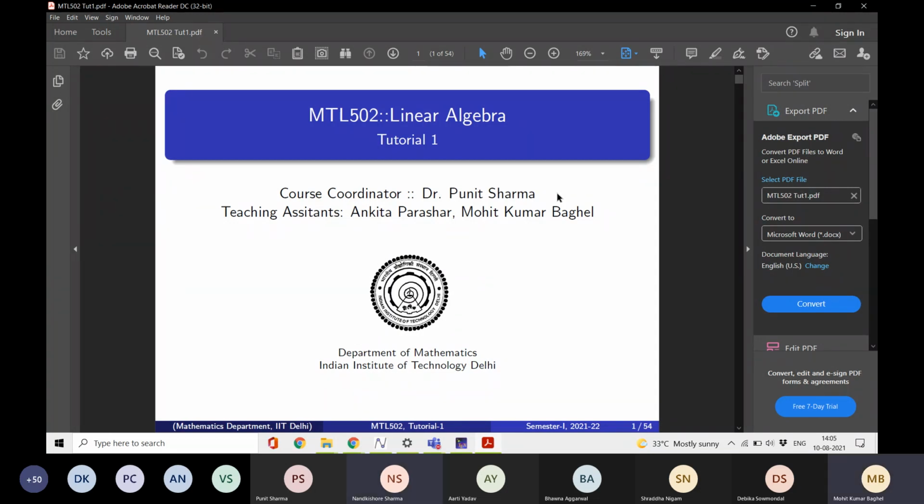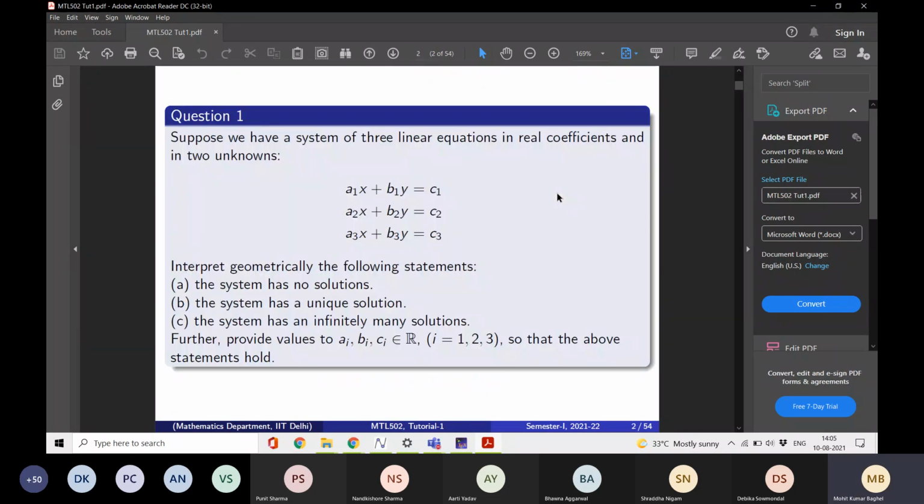So here the questions are not so much about proof. If you can see this question number 1, I'll discuss how to write or answer questions like this. Here you don't have much to prove, but you have to interpret it geometrically.